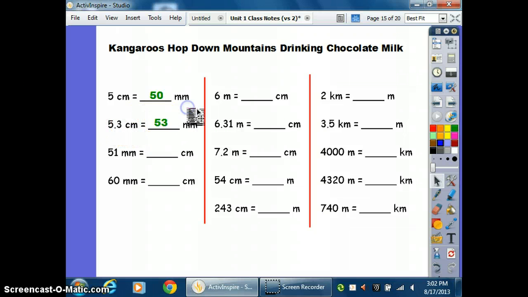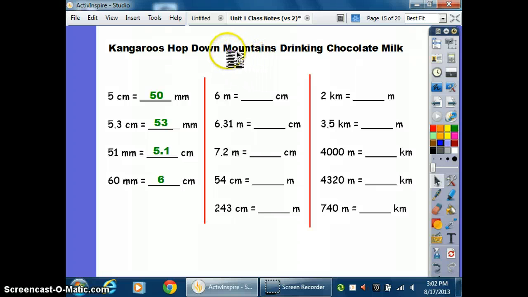That would be 53. Now let's go to the left. Millimeters to centimeters. Our decimal point is behind the 1, so we'll move it between 5 and 1, and we get 5.1 centimeters. Millimeters to centimeters, it's behind the 0, so we'll move it 1 place to the left. It would be 6.0 or just 6.